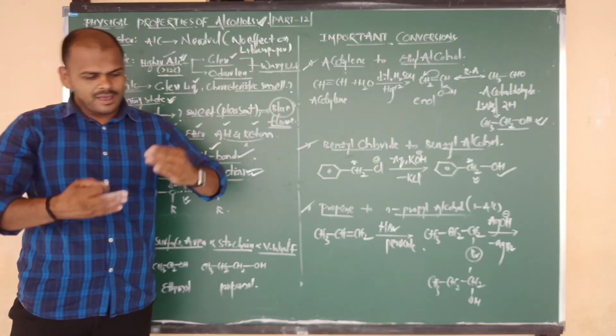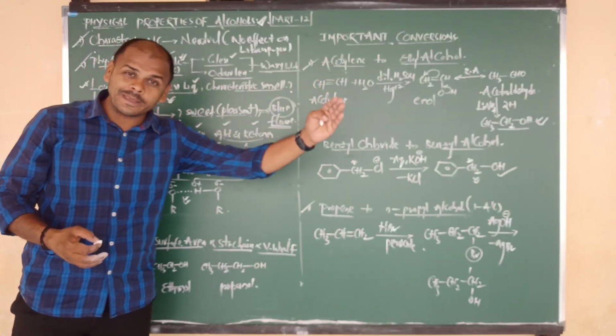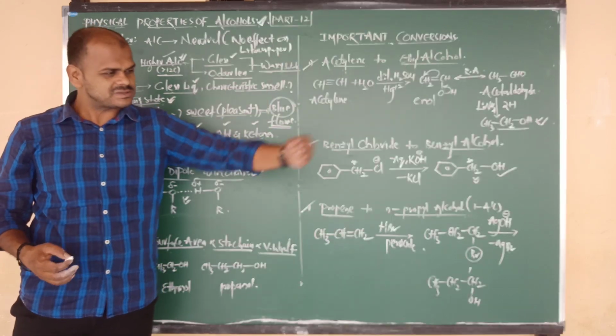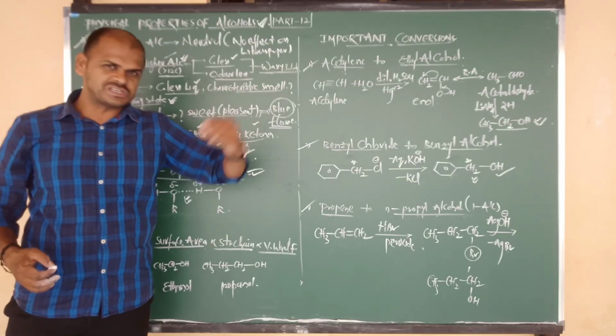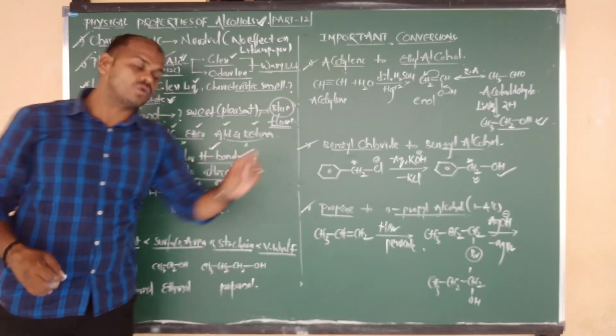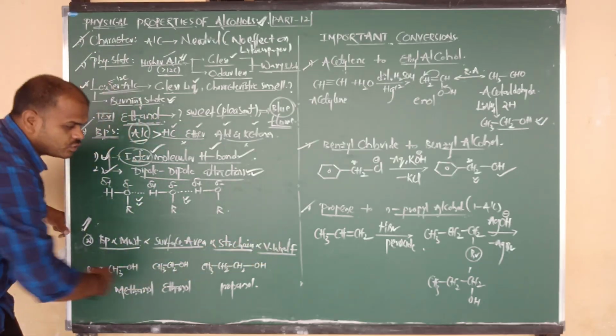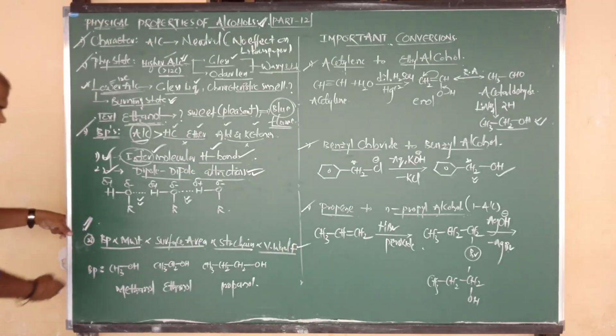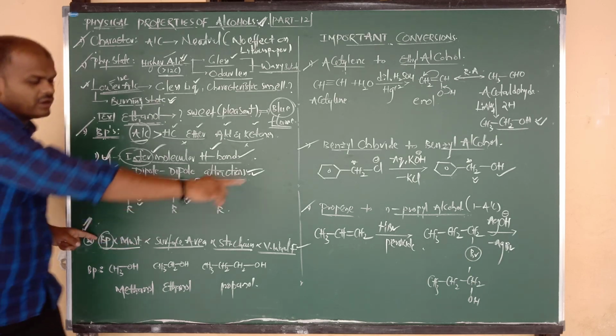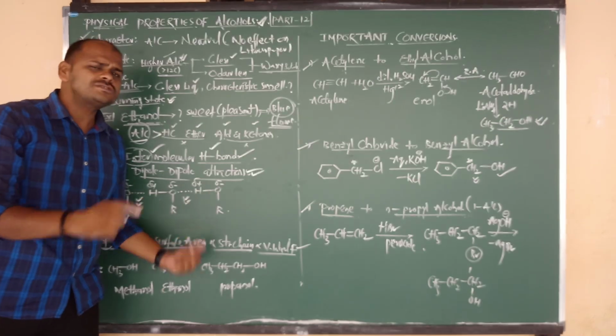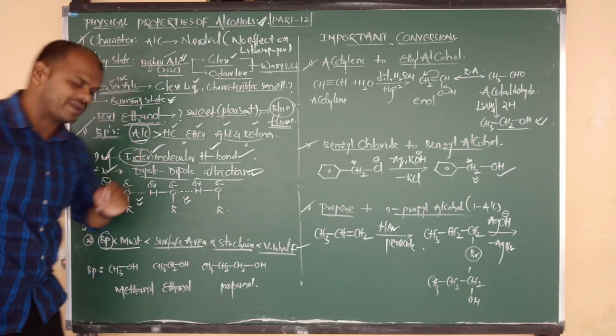All have the same meaning: as the number of carbons and hydrogens increases, molecular mass, surface area, straight chain nature and van der Waals forces also increase. So due to the increase of all these factors, we can say that the boiling point increases. Based on this topic, let us go for an example.